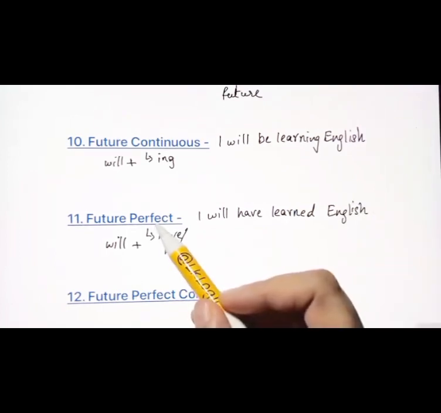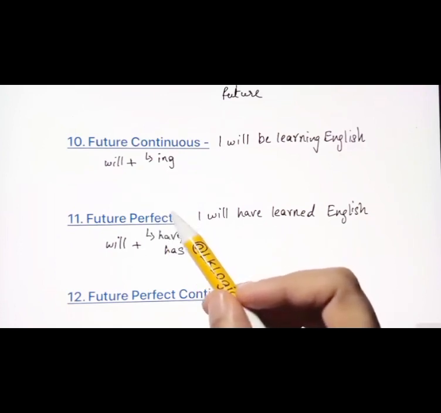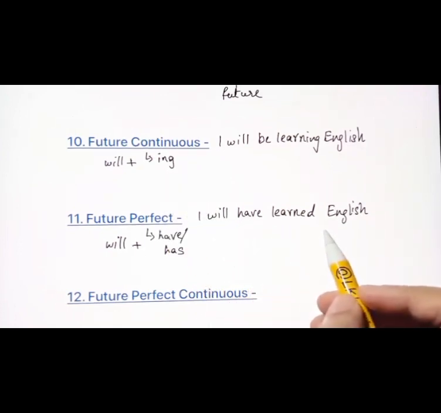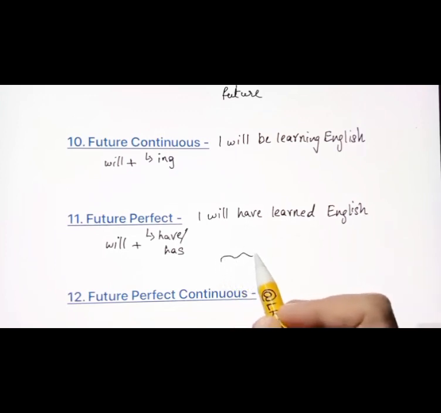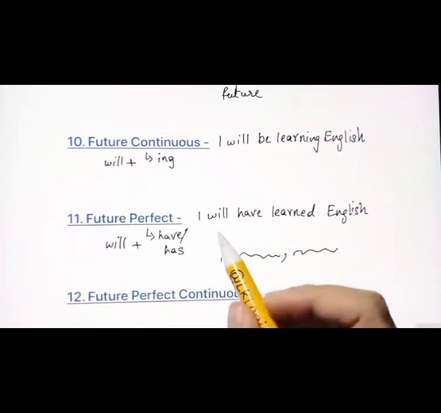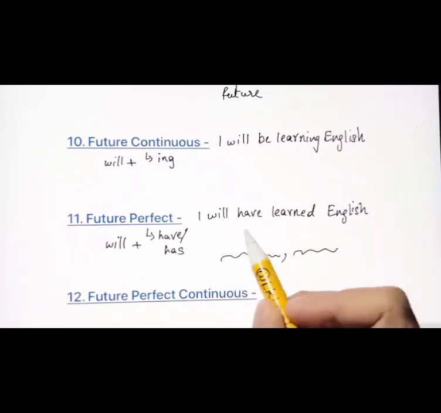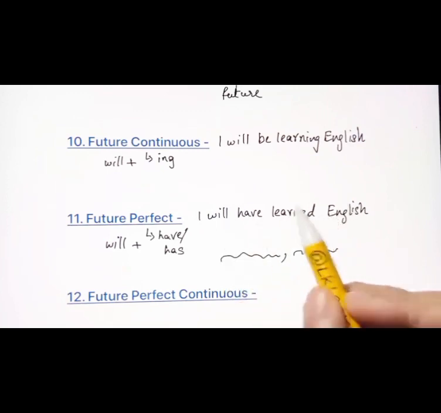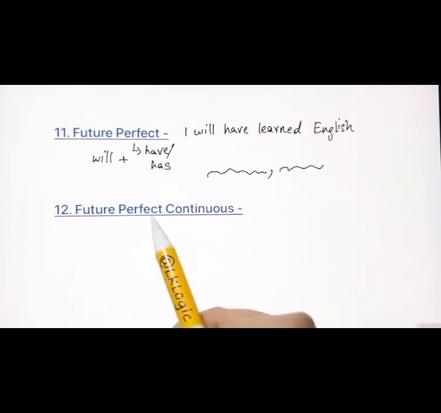Perfect here means it's done, completely done, done in future. So it is an action or state that will finish sometime in future before some other event in future. So for example, I will have learned English by next week. I will have learned English by 8 p.m. tomorrow. Got it?